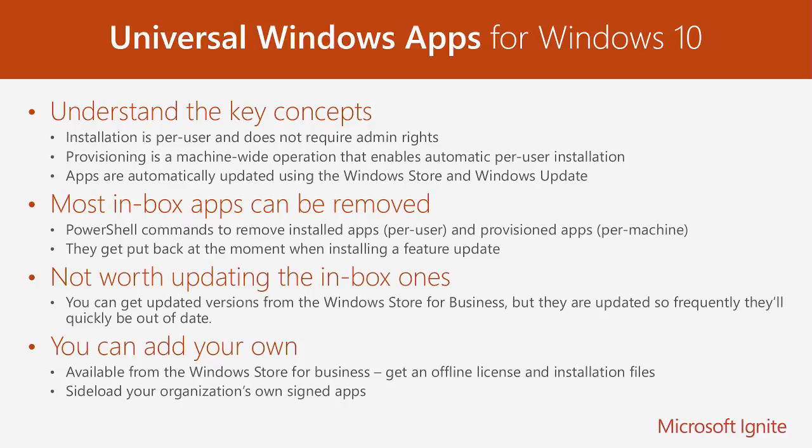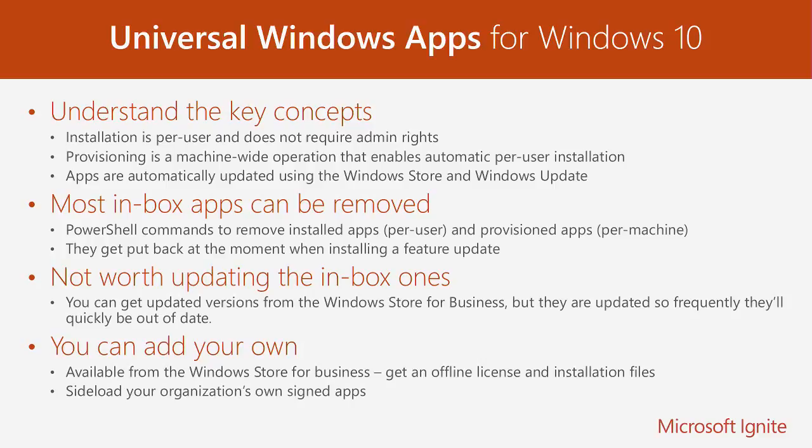A lot of people will ask, well, can I update the inbox ones? Because we need to install updated app versions as soon as the OS is deployed. And you can, but it's probably not worth the effort, because these apps are updated so frequently that even if you installed later versions as part of your image, assuming you deploy that image more than a week later, those app versions are already going to be out of date.